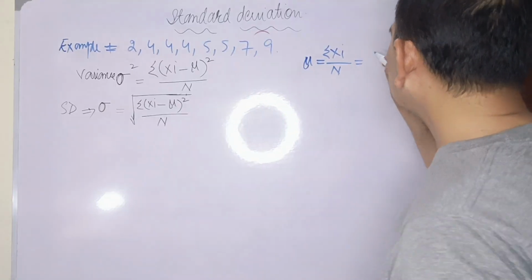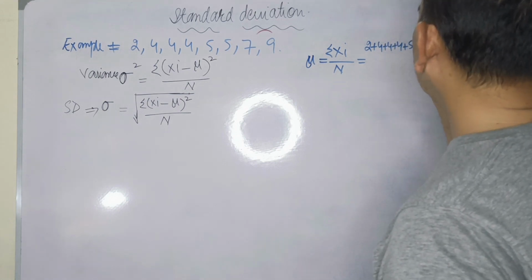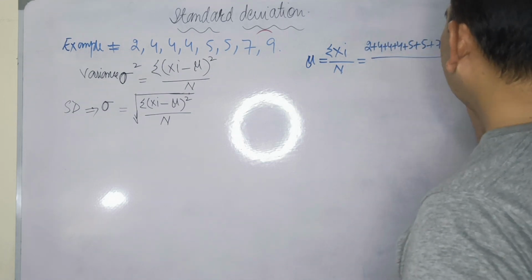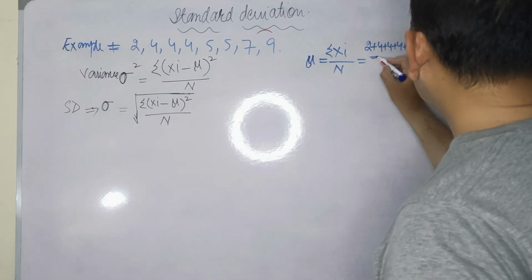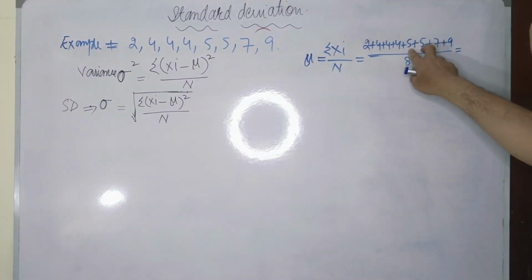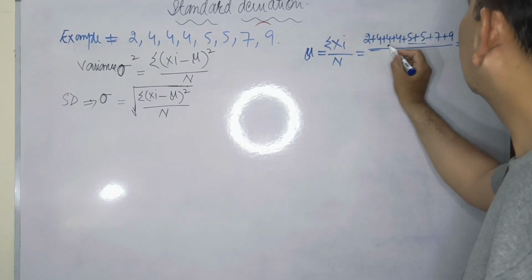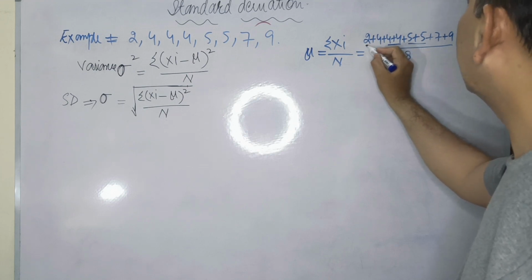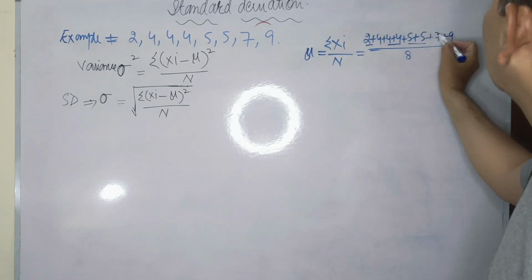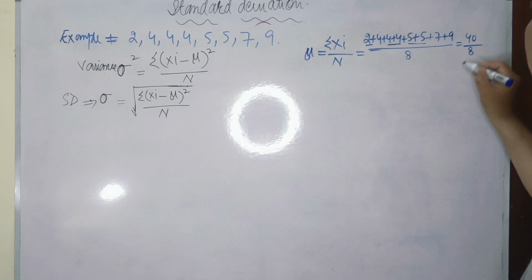So we sum up all the values: 2 plus 4 plus 4 plus 4, 5, 5, 7 and 9, and divide by the total population size, which is 8. The sum comes to 40.